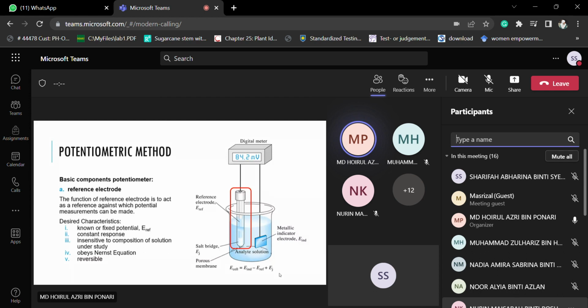And then another important characteristic of a reference electrode, it must obey the Nernst equation, okay? What is the Nernst equation? Basically, the Nernst equation calculates the electrochemical potential of the elements, okay?